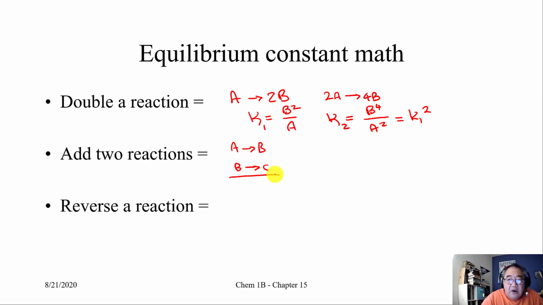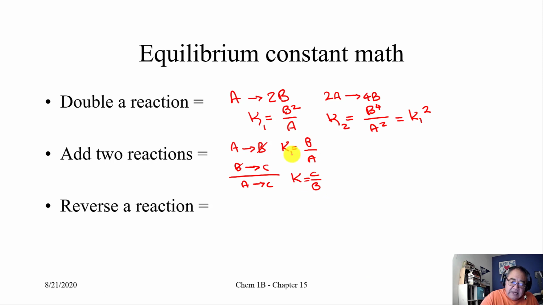Overall, that's just A goes to C, because the B's will cancel out like the intermediates did going from one reaction to another. Well, this equilibrium constant is just B over A. This equilibrium constant is C over B.